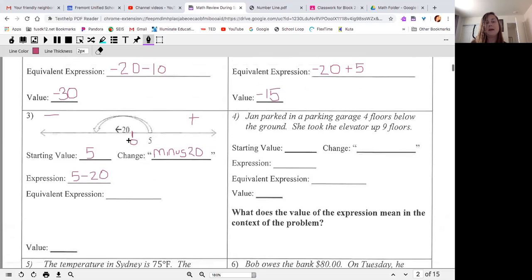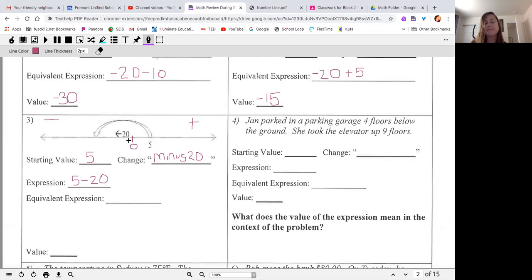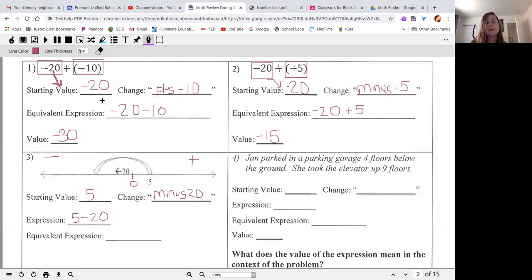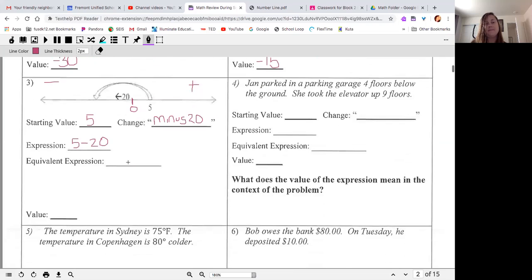Now if we scroll back up to our other problem, negative 20 minus 10 was the same thing as saying negative 20 plus negative 10. So this is the part we're paying attention to right over here. So I can add the negative number, and it'll be the same.